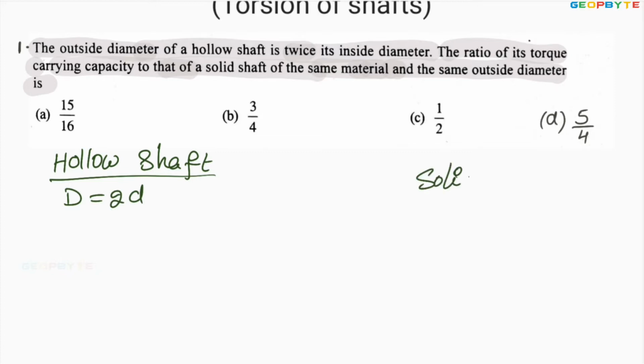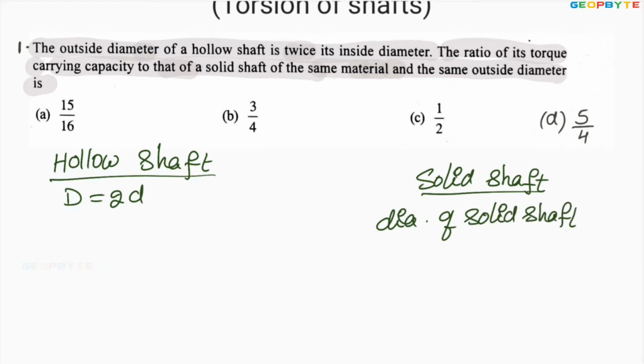For the solid shaft, the diameter of the solid shaft equals capital D. That means the solid shaft diameter is equal to the outer diameter of the hollow shaft. That point is given. And it is given that both are made with the same material.